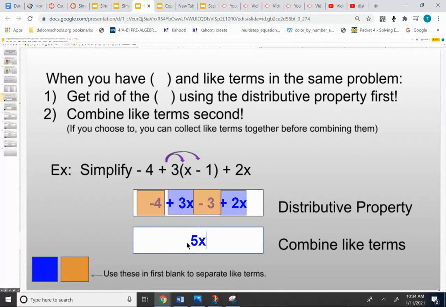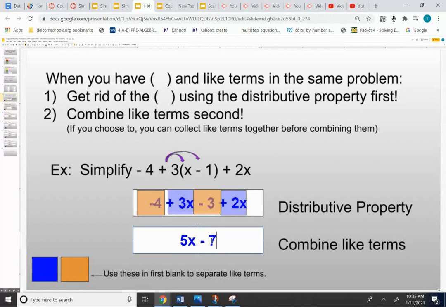You don't necessarily have to put the plus because it's the very beginning. Then you have the other set of like terms, your regular numbers. You have a negative 4 added to a negative 3, which is a negative 7. So altogether, our answer is 5x minus 7.